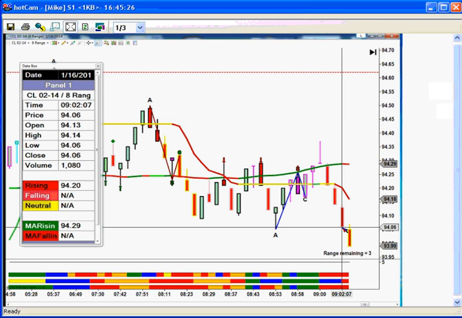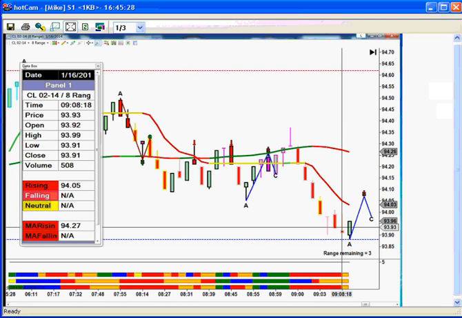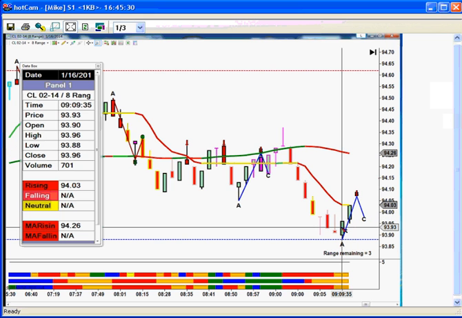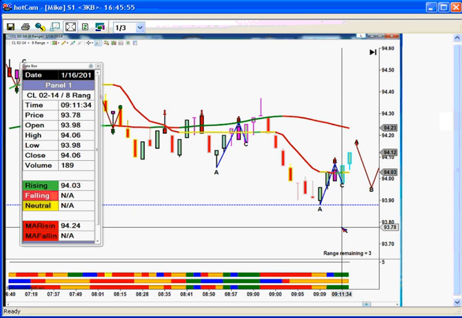So if the entry was right here at 05, and the low went down to 88, so you would have made 5 on the last contract, and then you would have made 5 and 10. So you would have made $330. The point being that this gives you, excuse me, every advantage of getting a runner.